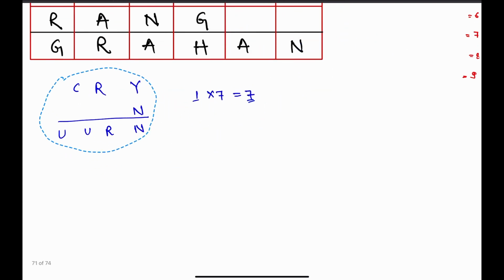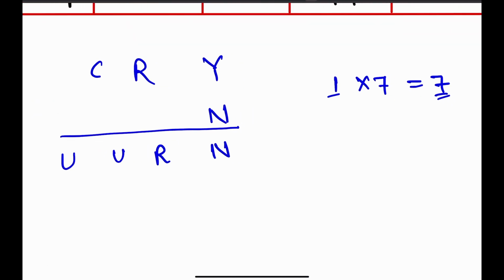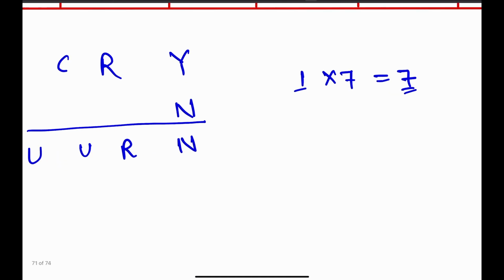My N cannot be 1. If my N is 1, then here instead of UURN it will be indirectly CRY. So one thing I can deduce, that my Y is not N, but at the same time what I can say is possibility that my Y could be 1. This is a possibility which we have to consider.